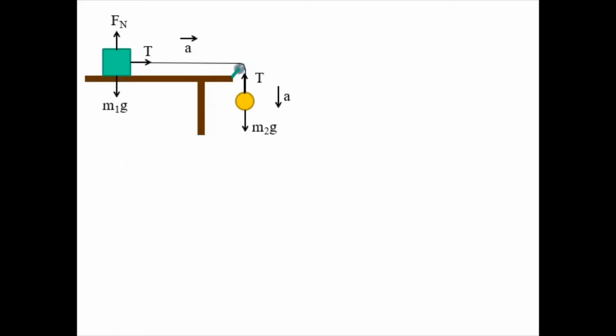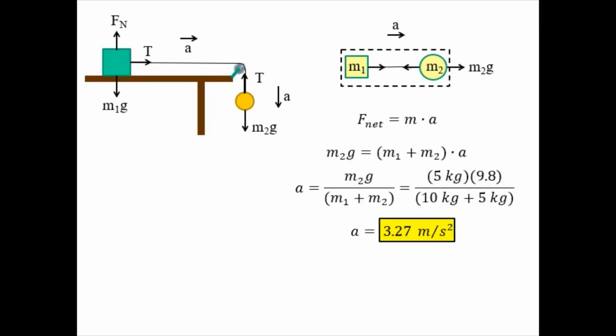Okay, so hopefully you started by drawing yourself a diagram, something of the sort I show here. I used method number 1 like we used for the Atwood machine, and I unfolded the system where the pulley is and made it a straight line problem looking at both masses moving together, both M1 and M2. This allowed me to solve for the net force of M2G and set that equal to the mass of the system, M1 plus M2, times the acceleration of the system.